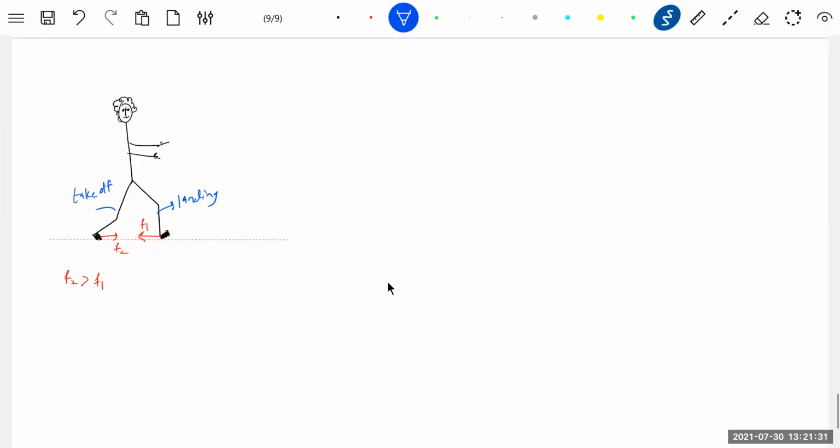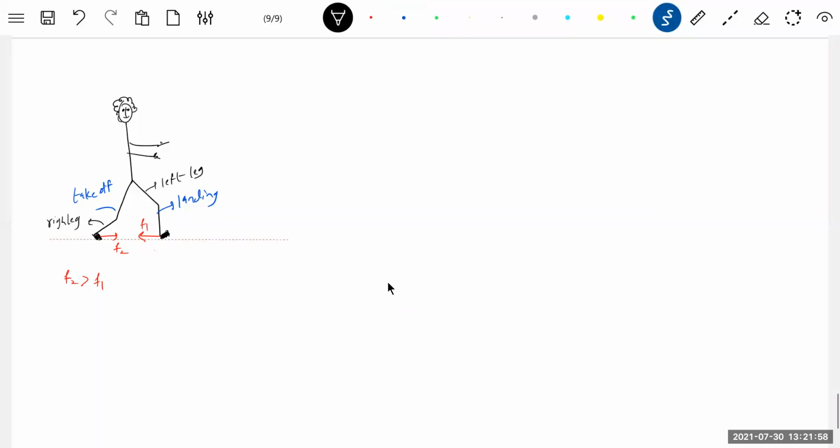But altogether, I can just put, whatever the case, F2 will be greater than F1. When a specific leg is taking off, its friction will be greater. So now suppose there's a left leg, there's a right leg. After this, what will happen?